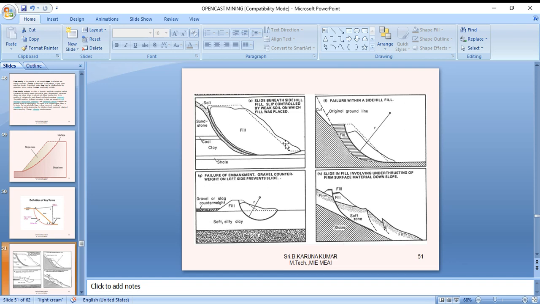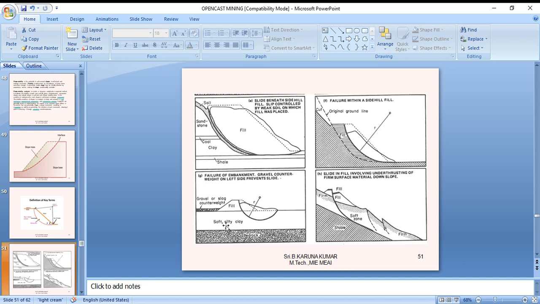Here you observe the sliding beneath the side hill fill, slip controlled by the weak soil on which the fill was placed. The fill soil is sandstone, clay, shale. So there is failure within the side hill, above the original ground line. This is the original ground line.